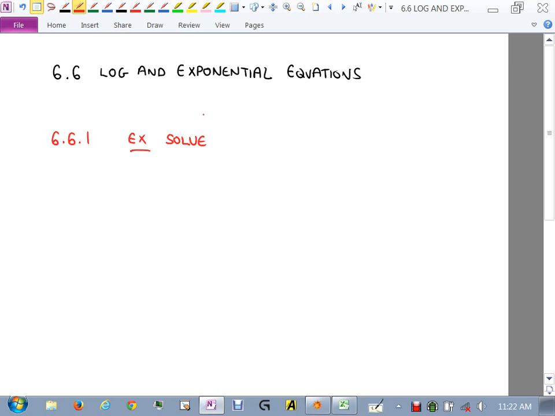Okay, let's solve this first: 2 log base 5 of x equals log base 5 of 9. All right, so we have an equation, don't we? We have a variable. We want to get that variable by itself, say x is equal to something, right? At the end of the problem, say what the solution is.